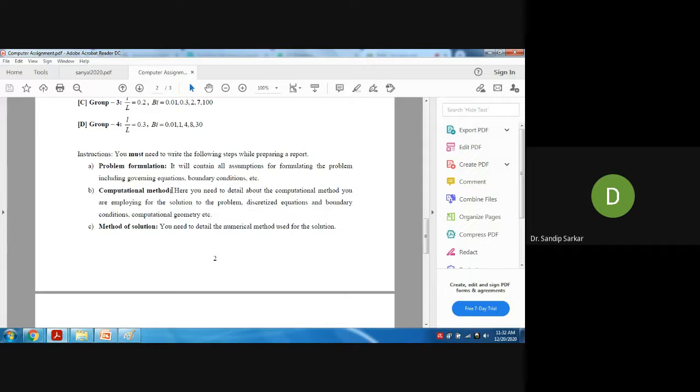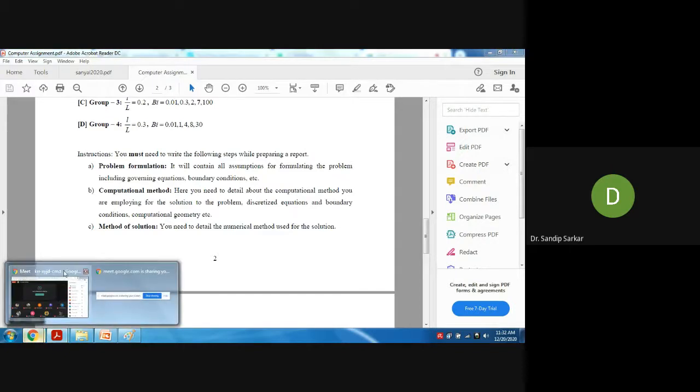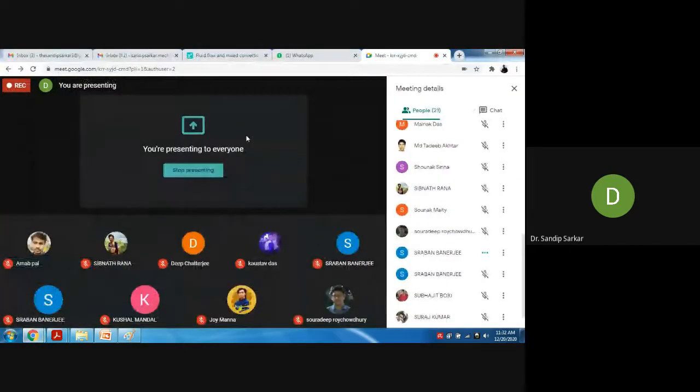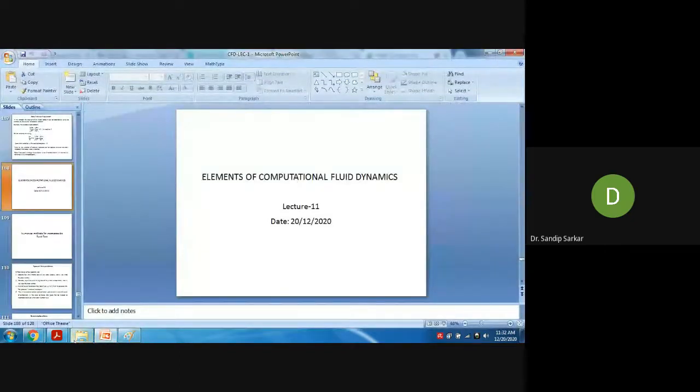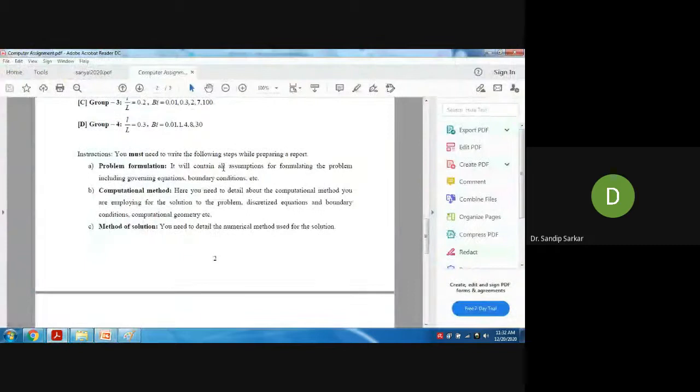So you are solving a problem. What are the assumptions that you have taken, and what are the boundary conditions? What are the typical assumptions for formulating the problem?